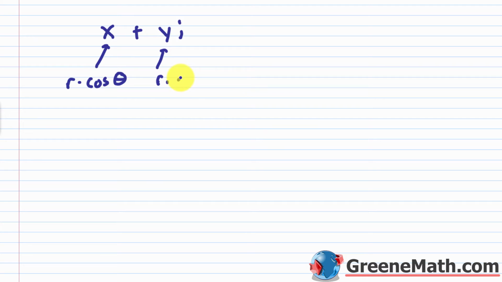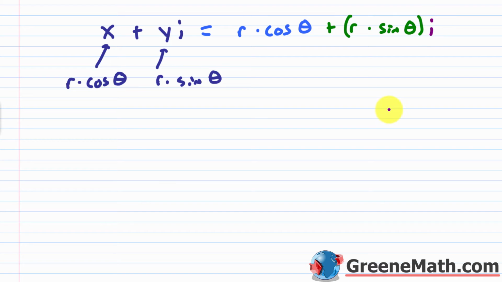So this is equal to r times the cosine of theta, plus r times sine of theta, and I'm going to wrap this in parentheses just for clarity. This is going to be multiplied by the imaginary unit i.